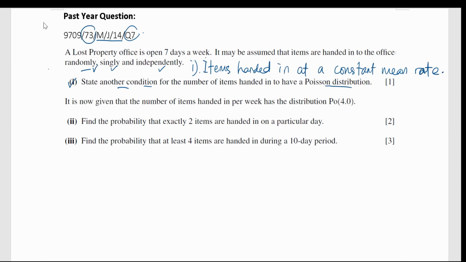Then in this situation, the number of items handed in will be modeled as a Poisson distribution. Now, given that the number of items handed in per week has the distribution, when it is written in this form, you know this is a Poisson distribution and the mean is 4.0.